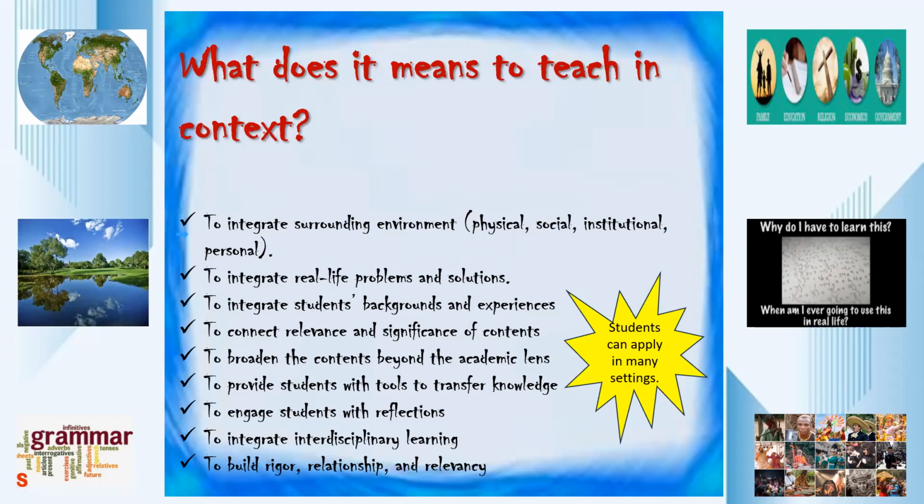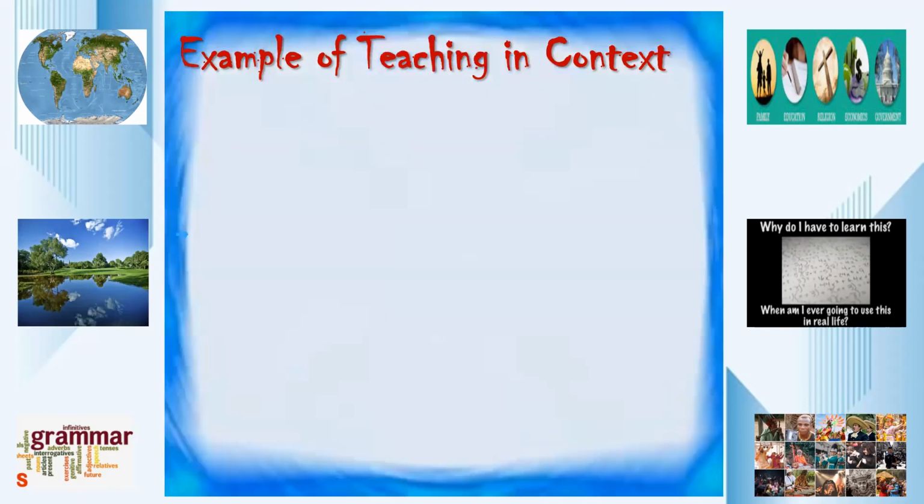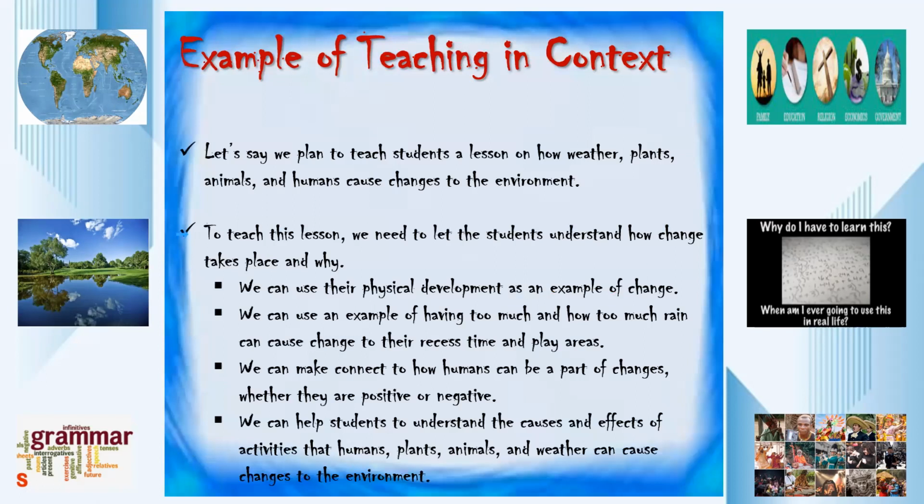So when you're teaching about how the weather can cause change to the environment, perhaps, let's say you're at the school, you take them outside and walk around and find places that may be a potential for erosion, or do an experiment about erosion and what caused erosion to take place.